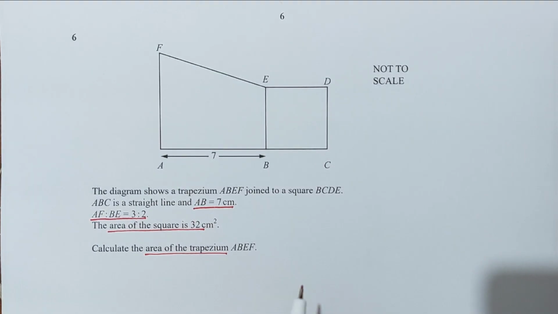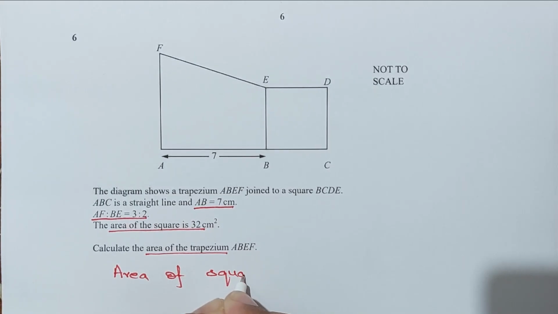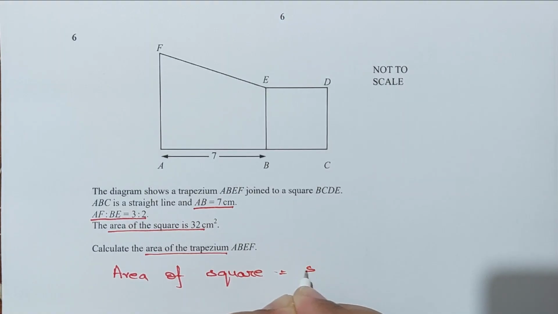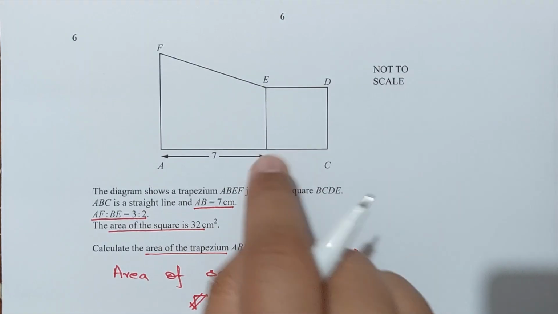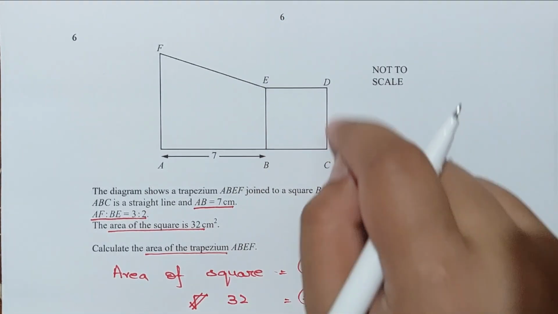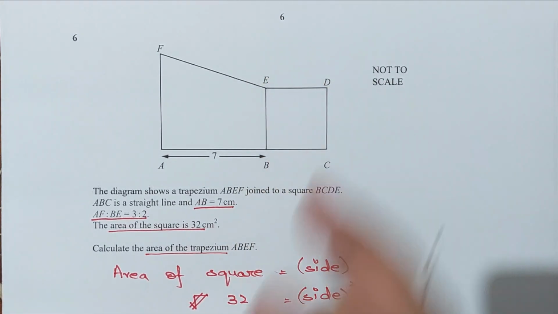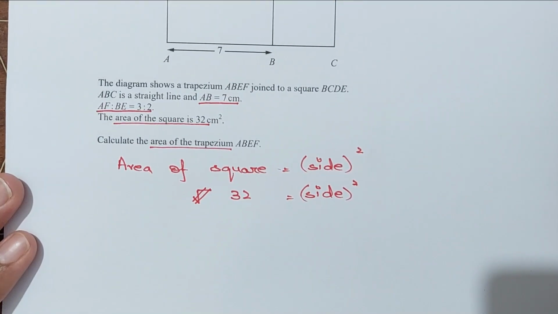Okay, so the area of a square has a formula: area of square is equal to side squared. Since the area is 32, side squared equals 32. So what is each side? BC, CD, DE, BE, all the sides of a square are the same.